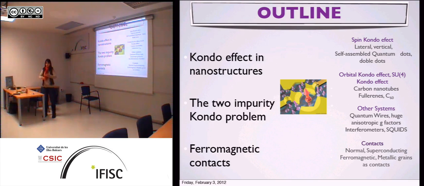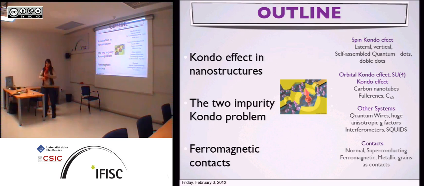When the interdot tunneling T is sufficiently high compared to the tunneling gamma between each impurity and the reservoir, then you can hybridize the two Kondo clouds. And this has been observed in the experiment, in which the hybridization is reflected in the density of states in a way that you have a single peak, you hybridize, and you get two peaks.